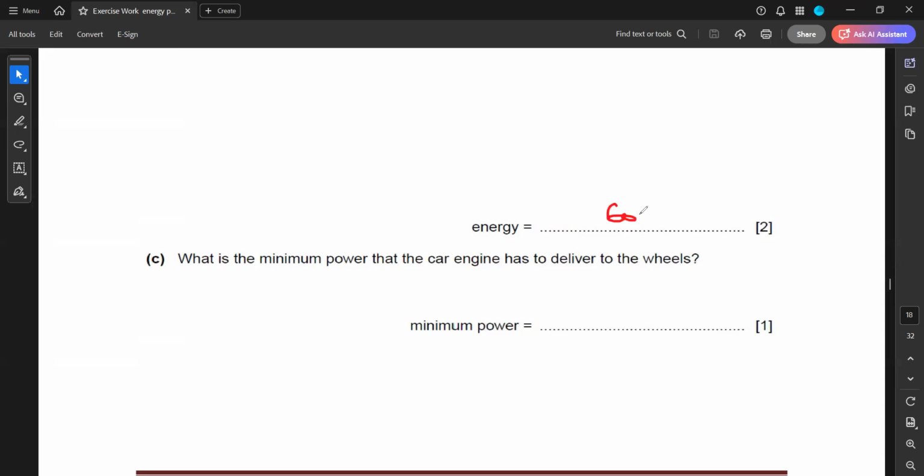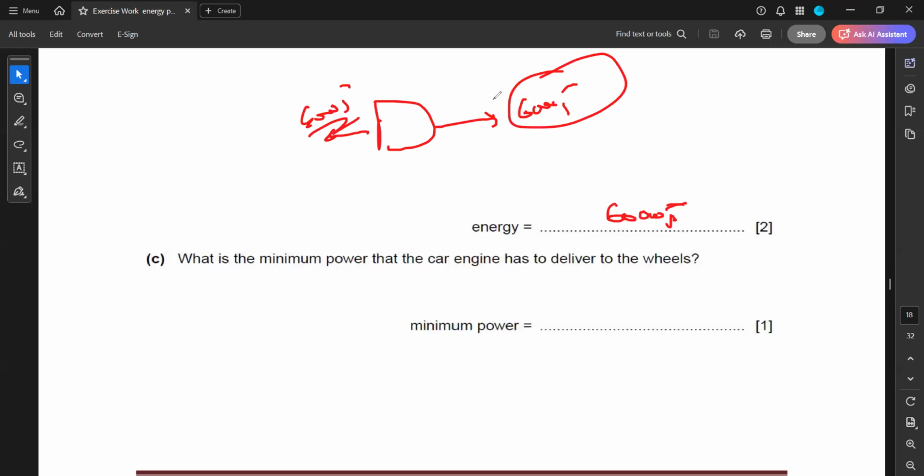We calculated that 60,000 joules of energy is needed, as we want to maintain a constant speed. 60,000 joules of energy is used against the resistive force.